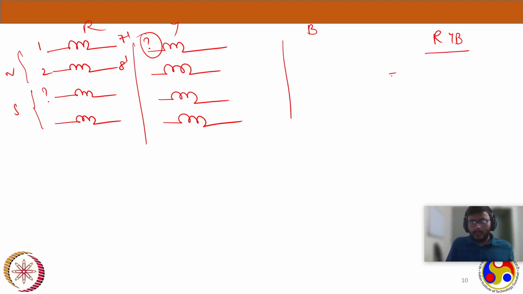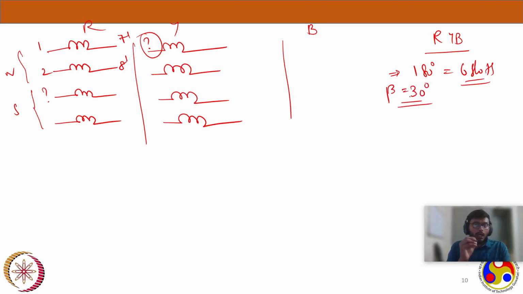That is simple. 180 degrees means how many slots? 6 slots. That's the coil span. And from that we already got that beta is equal to 30 degrees. One slot pitch is 30 degrees. We already calculated these two values. Now 120 degrees means how many slots?